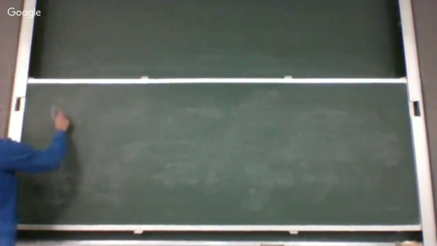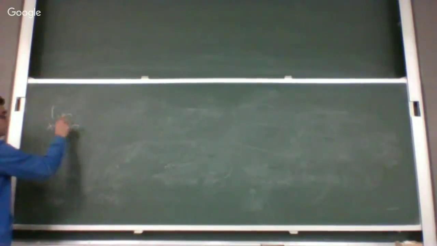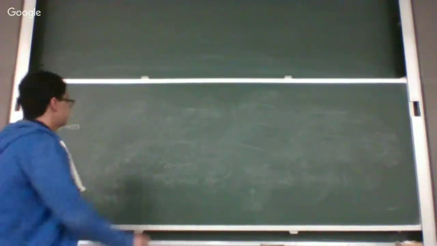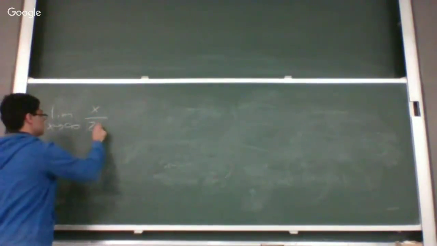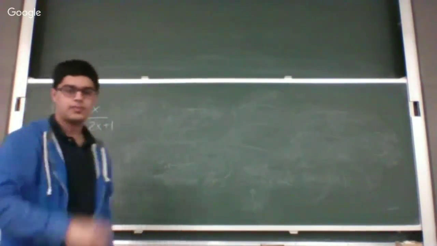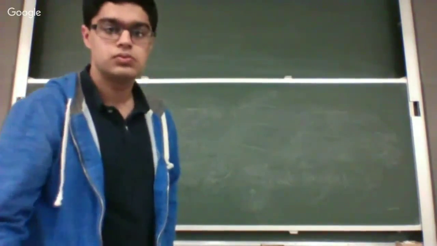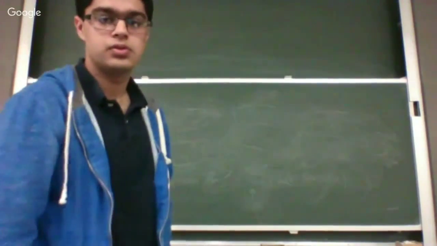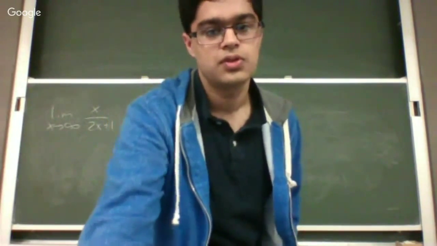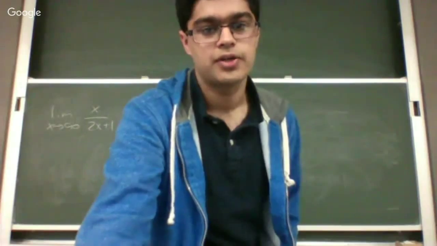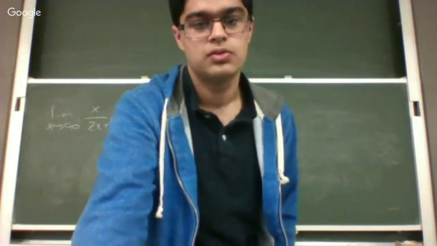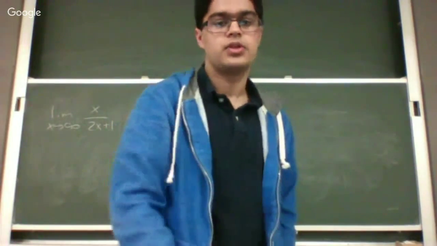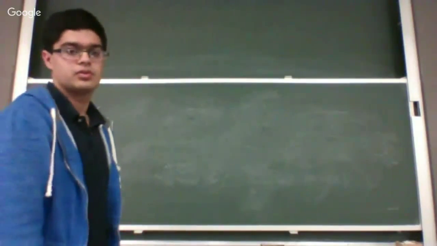So I'll just do the limit as x approaches infinity of x divided by 2x plus 1. We do L'Hopital's and stuff. No? You do? You did 1 divided by x. She divided everything by an x.